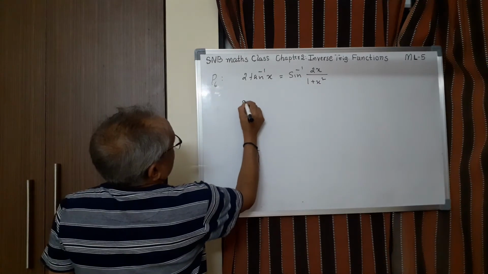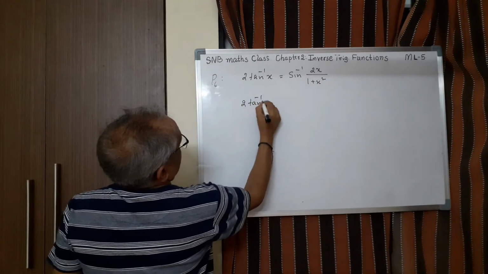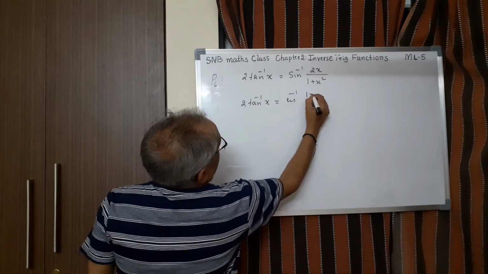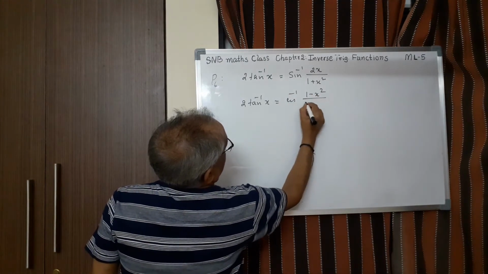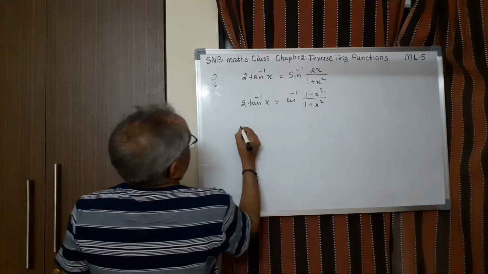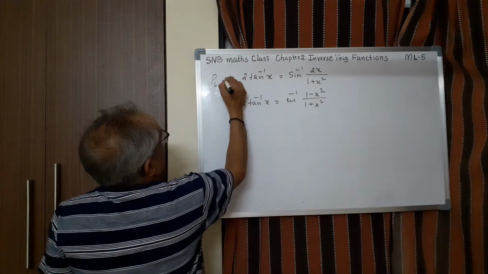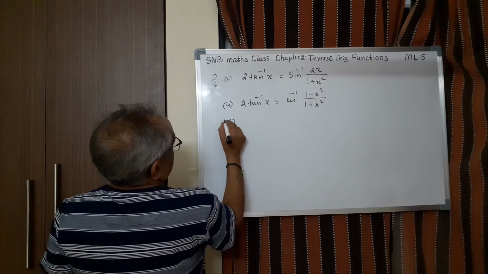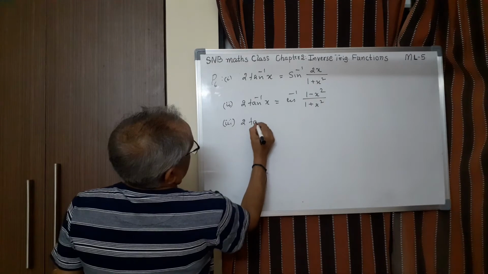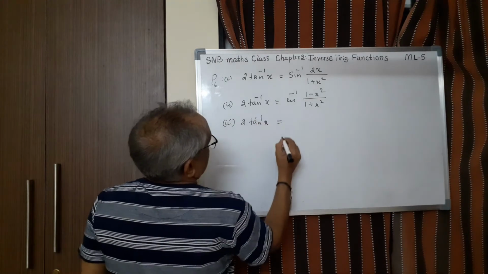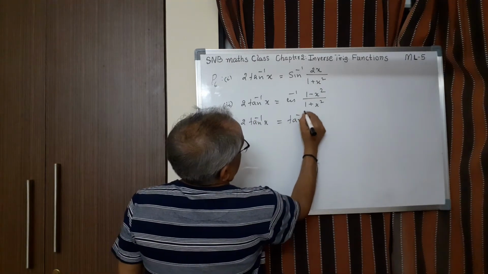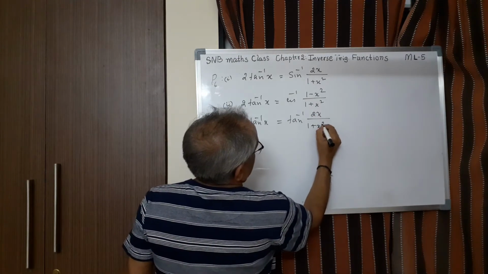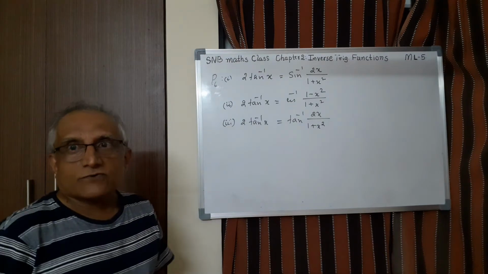The same thing, 2 tan inverse x equals cos inverse (1 minus x square) by (1 plus x square). This is the first property, this is the second property, this is the third property. So 2 tan inverse x is also equal to tan inverse of 2x by 1 minus x square. This is the property.